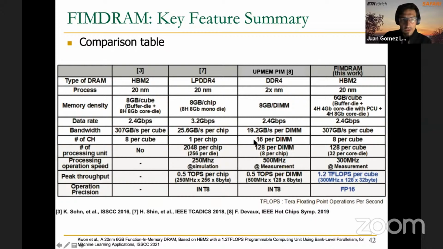Then you have number of channels, 16 per DIMM in PIM, 8 per cube, and number of processing elements or processing units. Interestingly, this is the same number per DIMM and per cube, but now if you compare these two types of processing units, you will see that they are completely different, right?